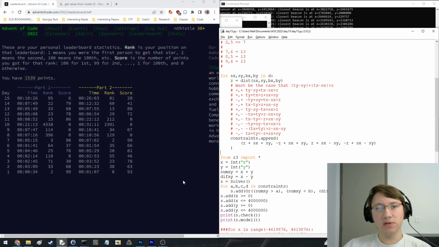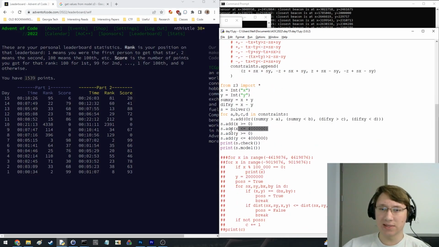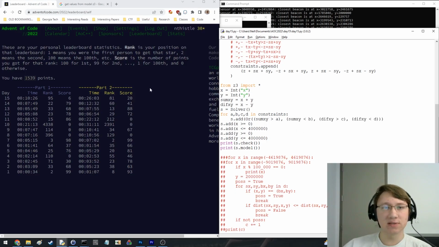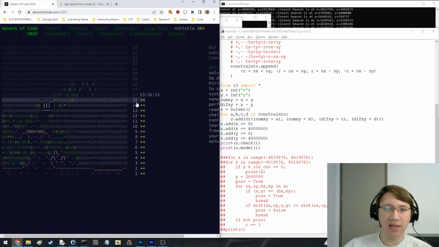I guess maybe you start off with these constraints and you have to guess which one of these holds. I doubt this is faster, right? I'm actually not sure. I'll be curious to see how everyone else solved this. But yeah, this is definitely a tricky day.